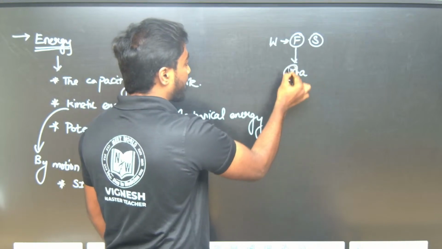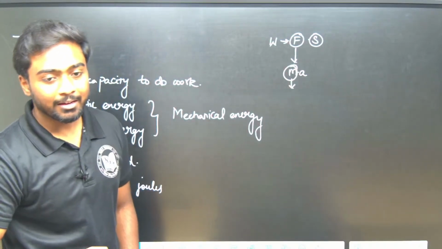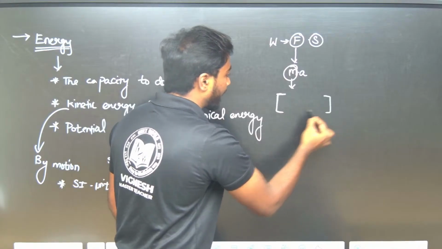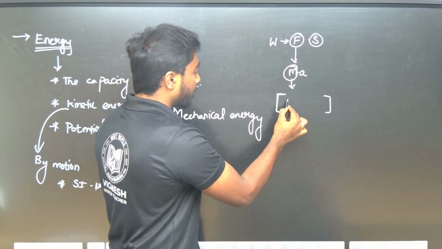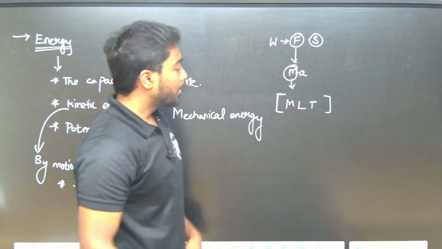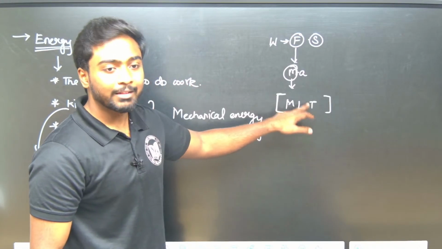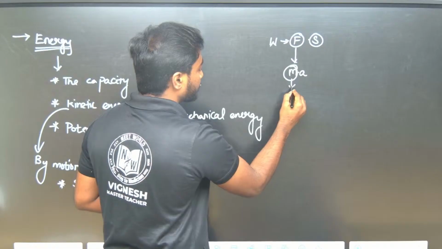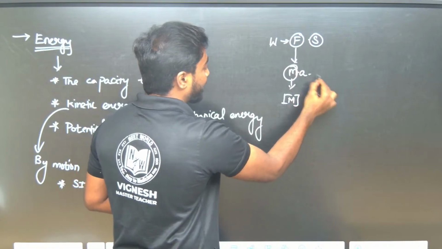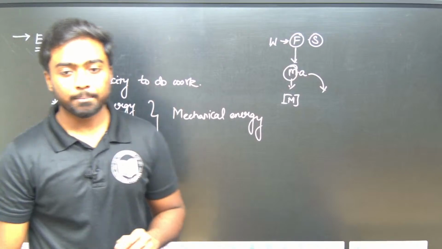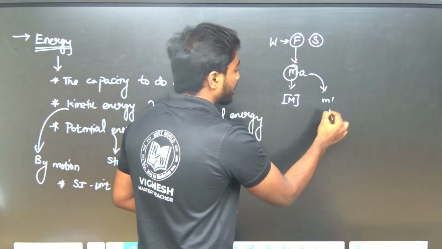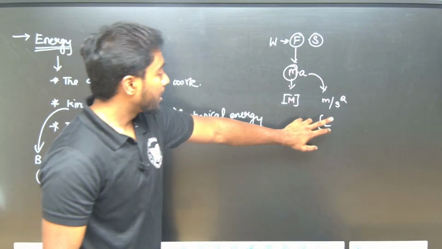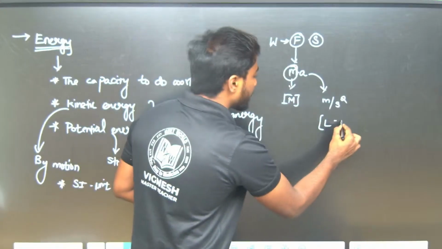The dimensional formula should be in square brackets, with the terms M, L, T, where M is mass, L is length, T is time. Mass is M, and acceleration is meter per second square, so L and T power minus 2.